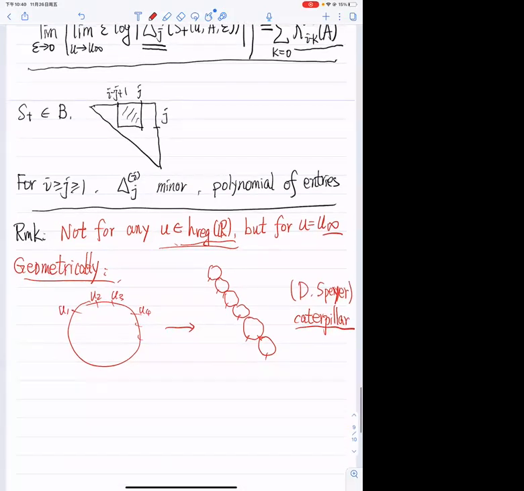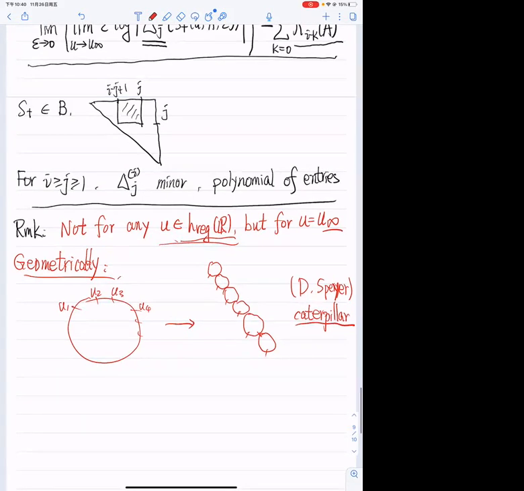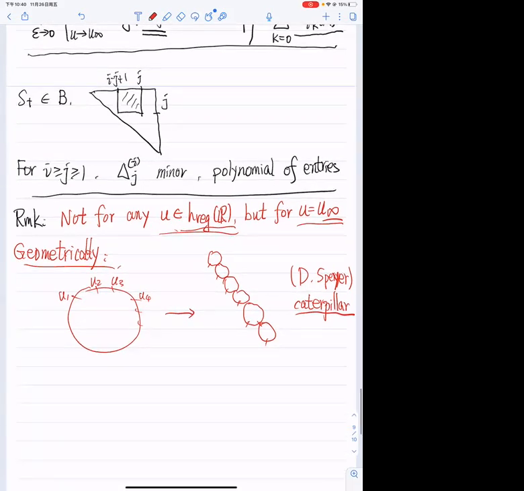Yeah, this is just a side remark. So basically, we didn't prove what we want for a generic U, but only for this limiting point. Yeah, at this moment. And now let me formulate. I should stop in 20 minutes, right?